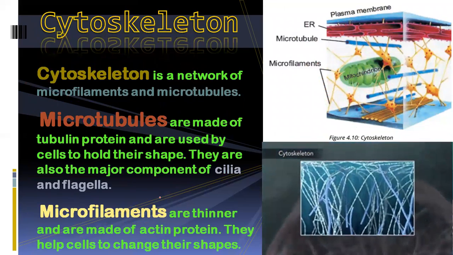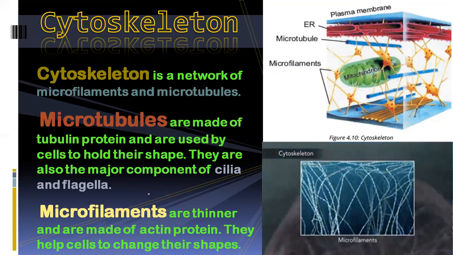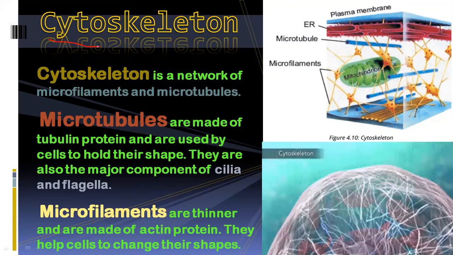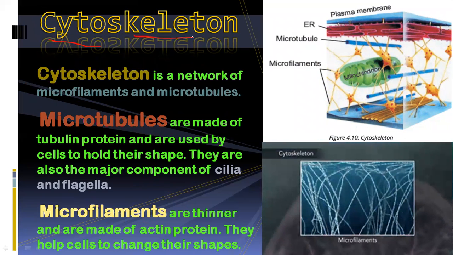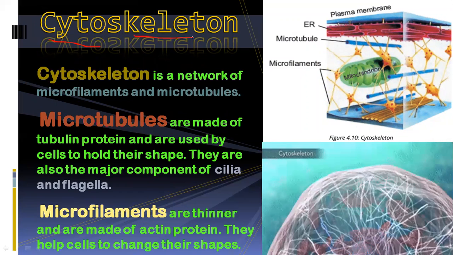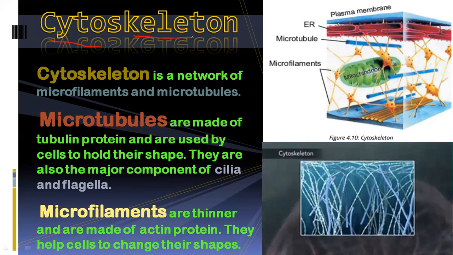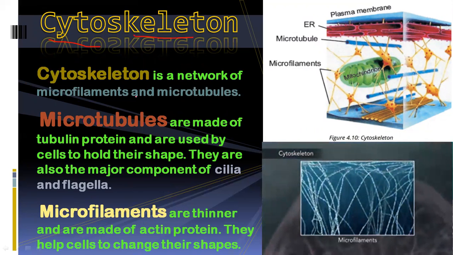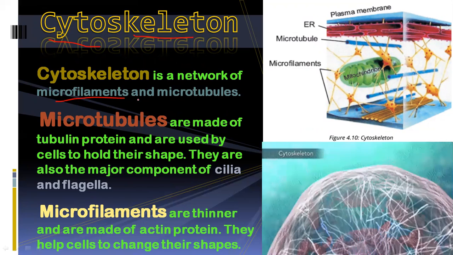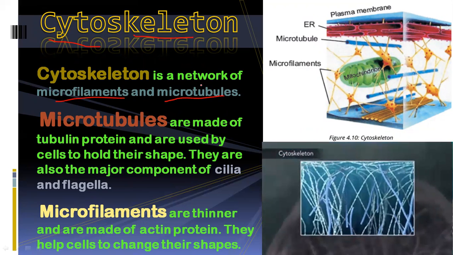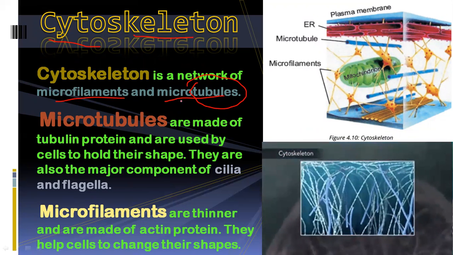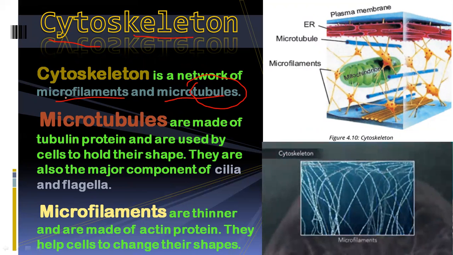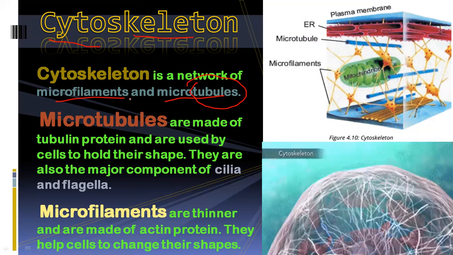Okay, the last cellular structure is called the cytoskeleton. Cyto means cell and skeleton means skeleton, not a bony structure, but the cell also has a skeleton. That skeleton is the network of microfilaments and microtubules. Tubules means it makes small tube-like structures. Micro means very small, and filaments mean threads.